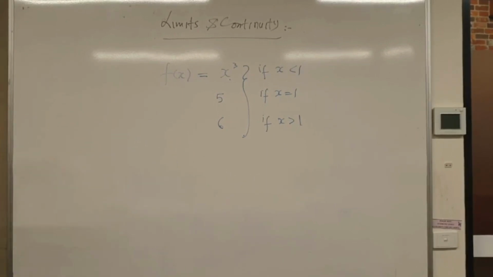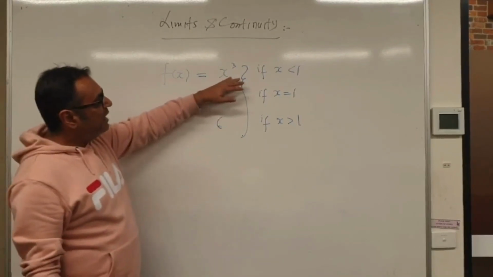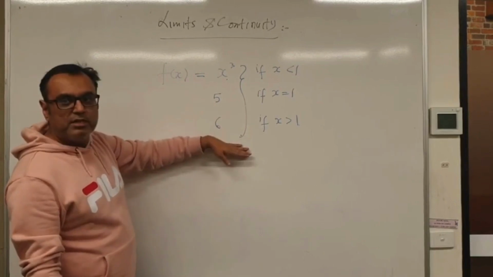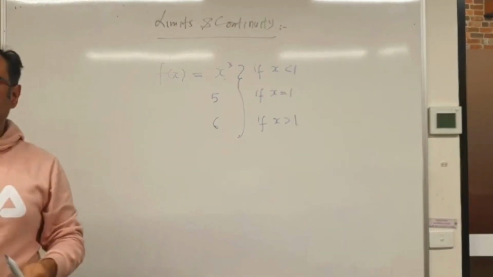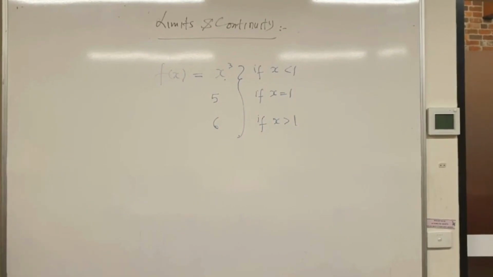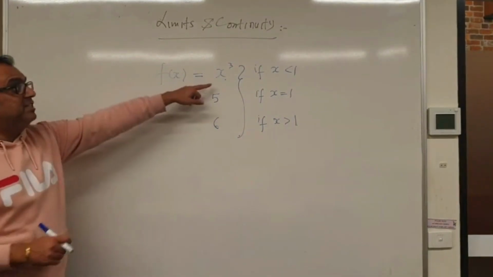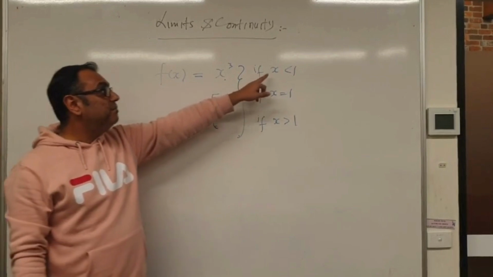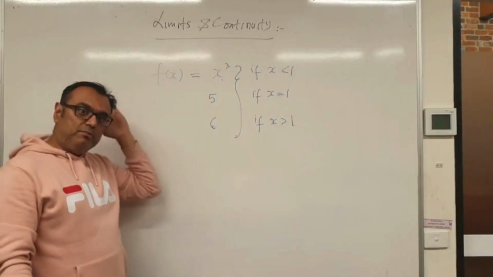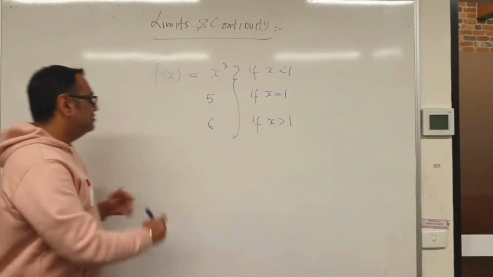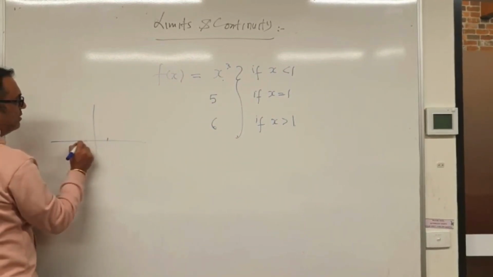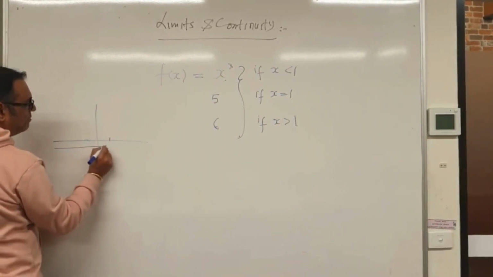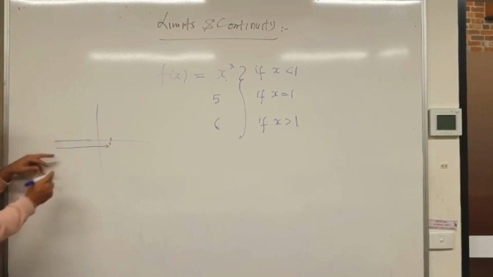Now, Romel, you tell me, out of the three values, which value is the left limit, approaching from the negative side of x? X cubed. That's the left limit because it is approaching 1 from the negative end. If that's 1, this is approaching from here. x less than 1.